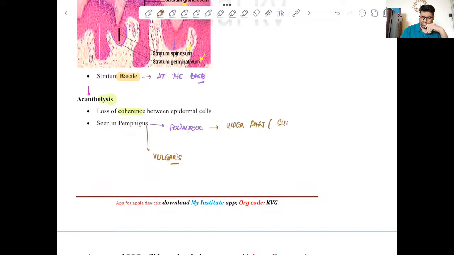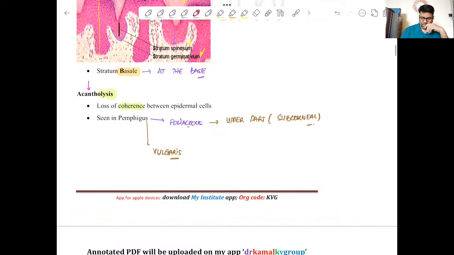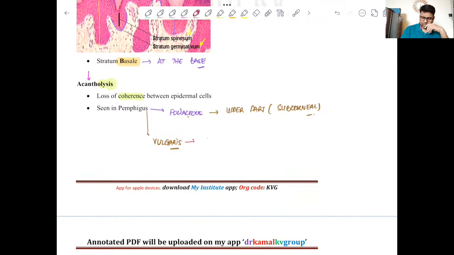So it is known as subcorneal. So the word corneal here is stratum corneum, not cornea. And in vulgaris we see suprabasal, that is lower part, right? We write suprabasal, meaning above the basal layer.